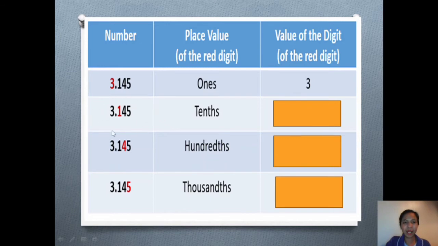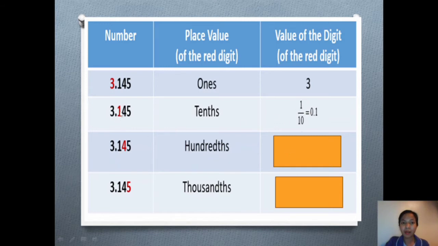The place value of 1 here is tenths. Now tell me, what is the digit value, or the value of the digit, if the place value is tenths? What do you think is the answer? In fraction form, it is 1 over 10, right?